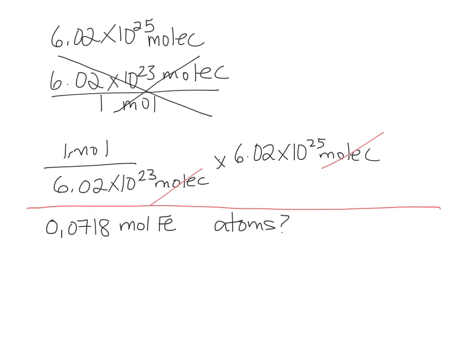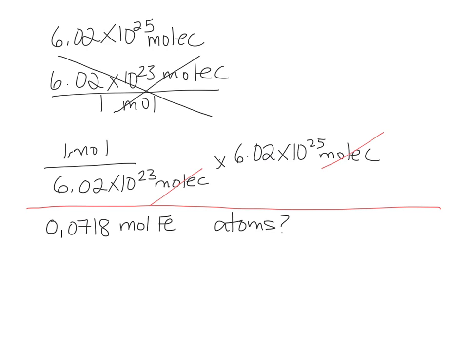This is dimensional analysis, DA for short. Avogadro's number. That ratio always contains particles and moles. You're going to keep using it. As long as we're talking about particles, you're going to use Avogadro's number.